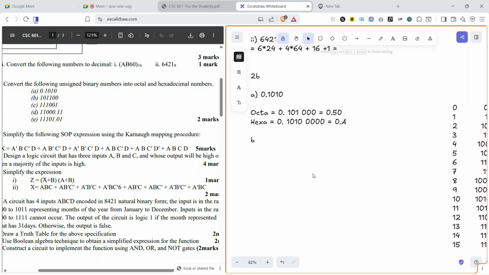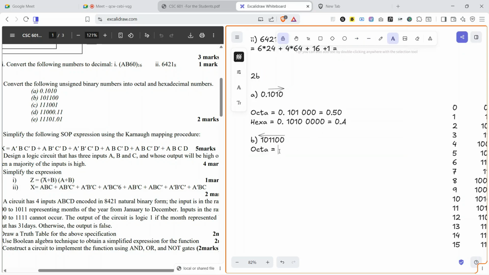So for the B, it is 101100. For octal representation, you divide in three. When you are separating after the dot, you separate in this direction. But when you are separating the whole number, you separate in the other direction.